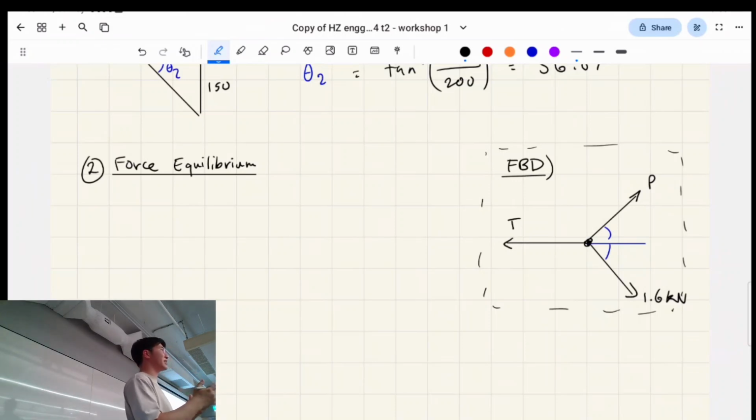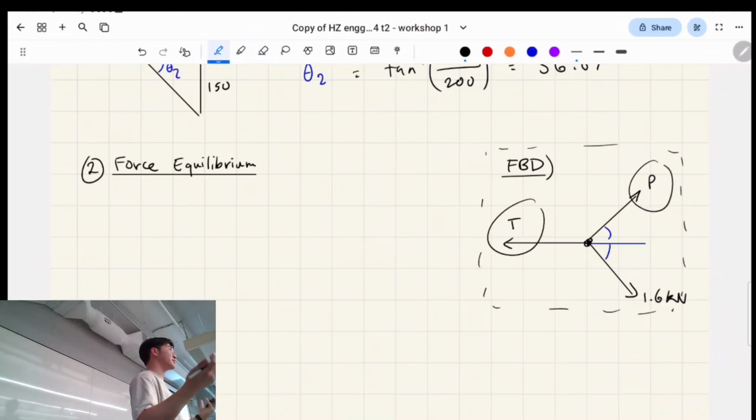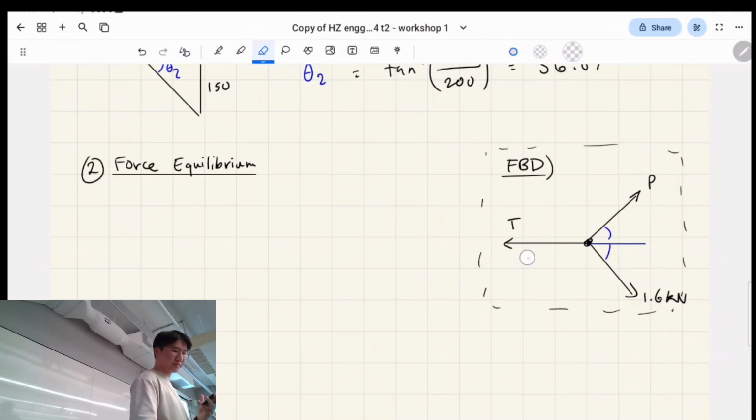One of these will lead you to the correct answer, and the other one's going to slow you down. This is to do with the amount of unknowns that you're going to be checking. So we have two unknowns: the tension of the spike, and P, which is some sort of pulling force on that rope, and some known pulling force on the second rope. So should we take the sum of the forces in the vertical direction or the horizontal direction? Just have to think about that for a second.